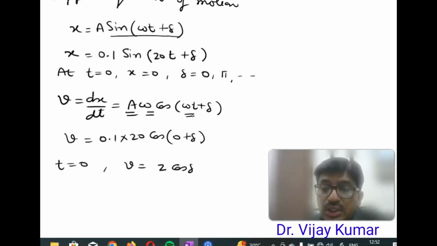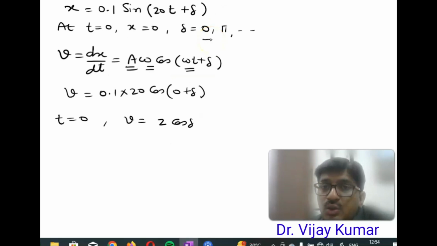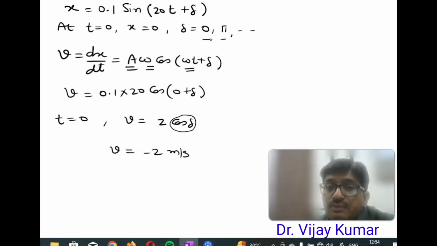For delta 0, pi, etc., cos 0 becomes 1 and cos pi becomes minus 1. So at t equal to 0, v becomes minus 2 meter per second if delta is pi, and if delta is 0, then v is plus 2 meter per second.